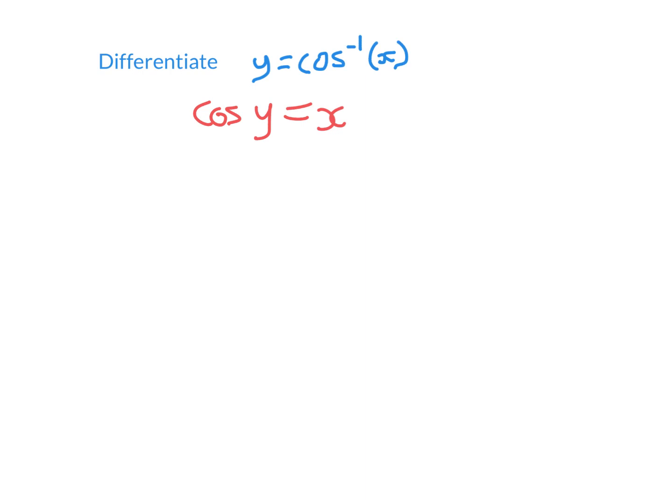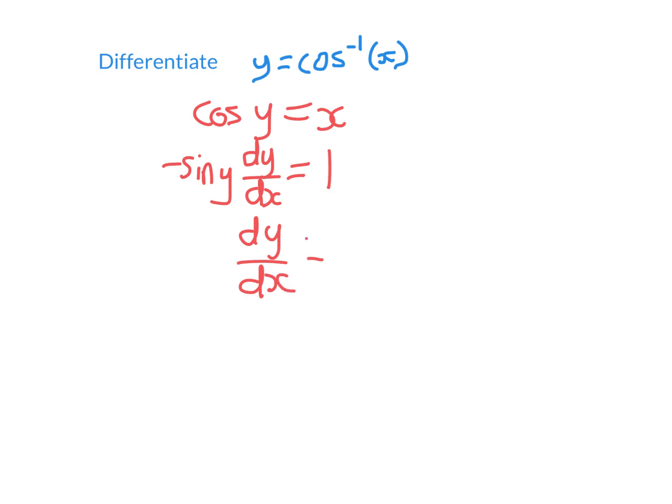To differentiate this part, we differentiate cos y, which gives us negative sin y, and by the chain rule, we're going to multiply by dy/dx. Now the derivative of x is just 1. So dividing each side by negative sin y, we get dy/dx equals negative 1 over sin y.